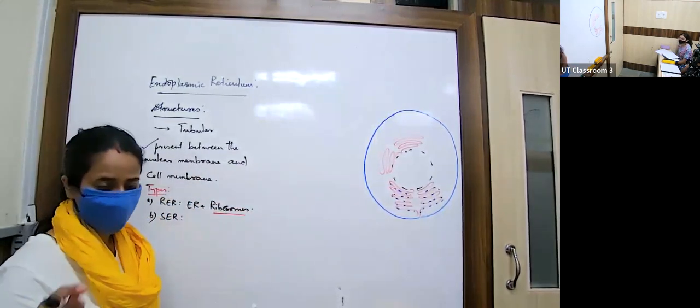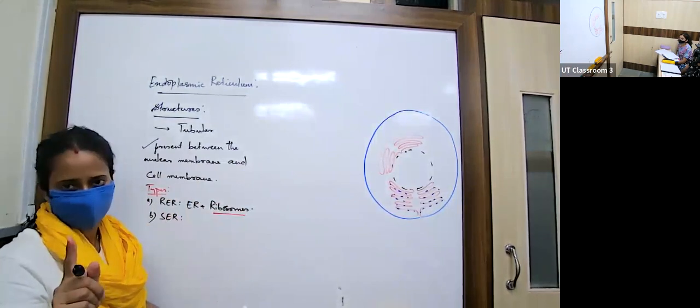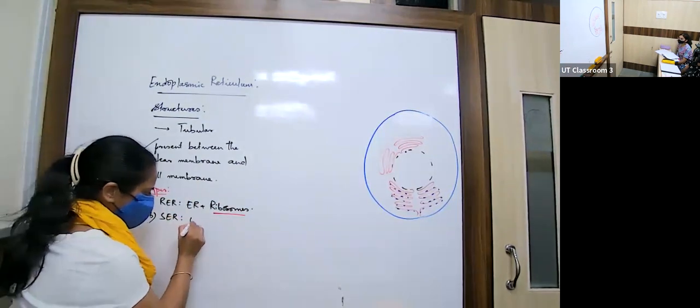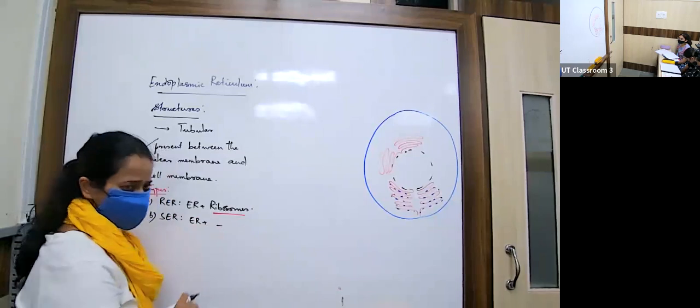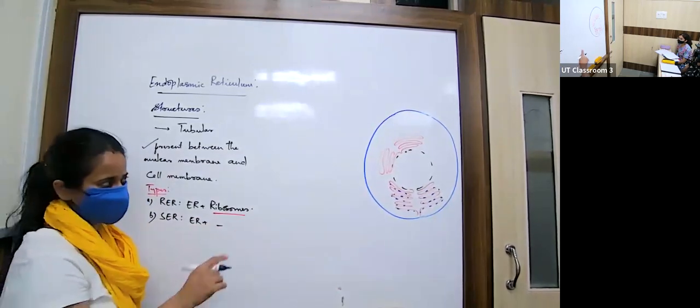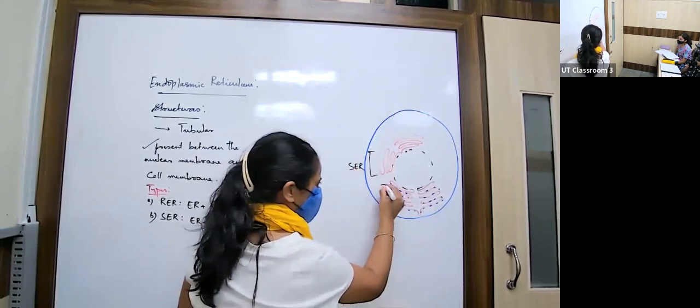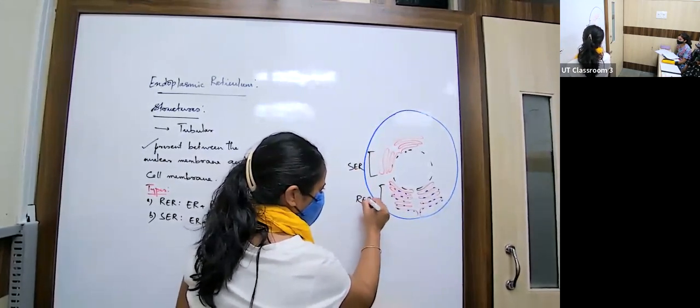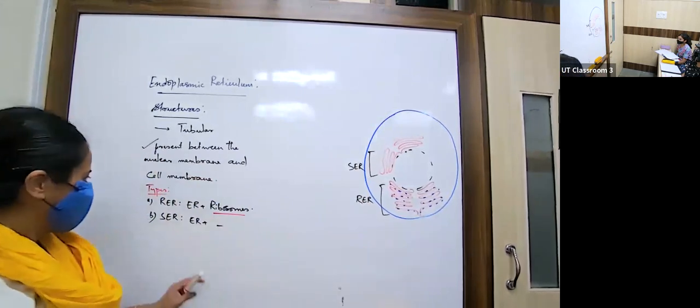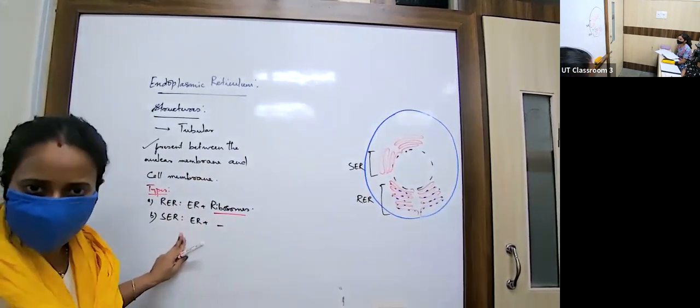To understand, I'll ask you to write down the difference. So ये एक basic difference है. SER, is there ribosomes? No, ribosomes not there. So can I label this as SER? Yes. Can I label this as RER? Yes. So based on the types, the functions also.